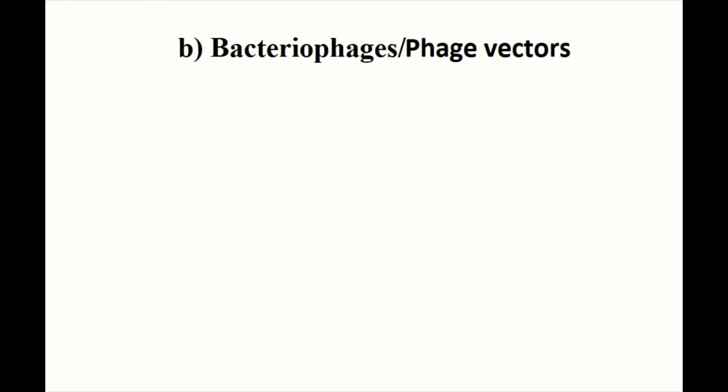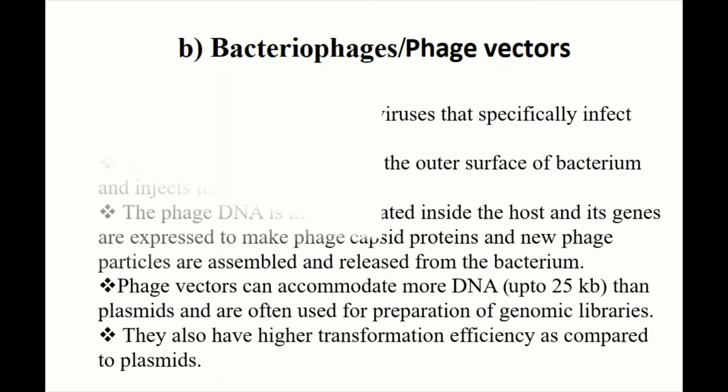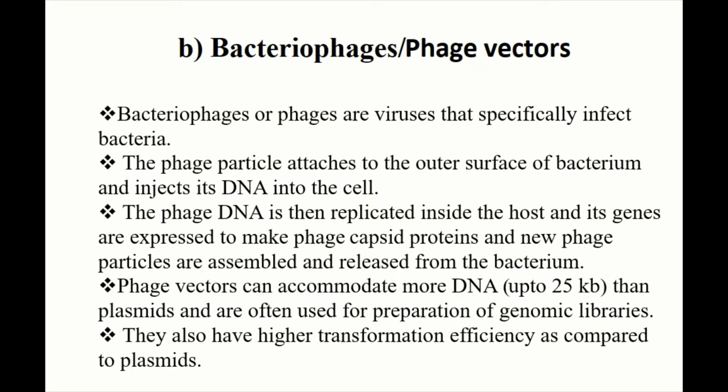Bacteriophages or phage vectors. These ones are viruses that specifically infect bacteria. The phage particle attaches to the outer surface of the bacterium and injects its DNA into the cell. The phage DNA is then replicated inside the host and its genes are expressed to make phage capsid proteins, and new phage particles are assembled and released.